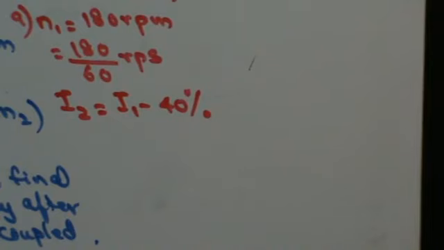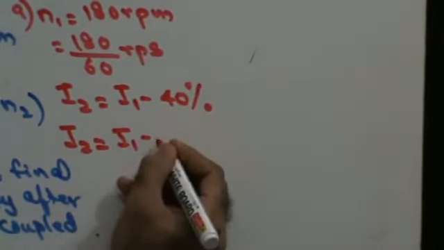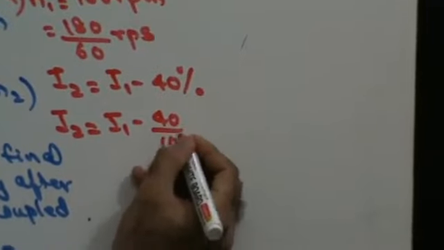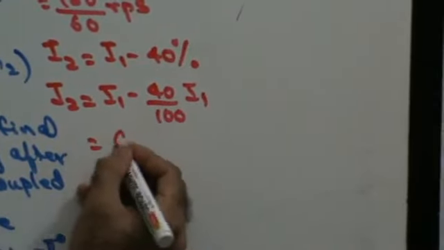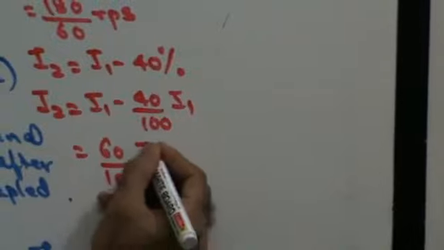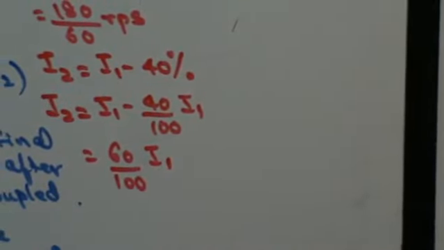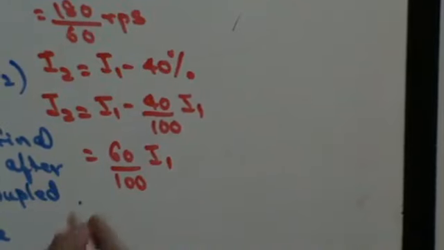Right? Now, let's see this. I can say that I2, the final moment of inertia, will be I1 minus 40% of I1. So I2 will be 60% of I1. Fine. Now, I can straight away apply law of conservation of angular momentum.